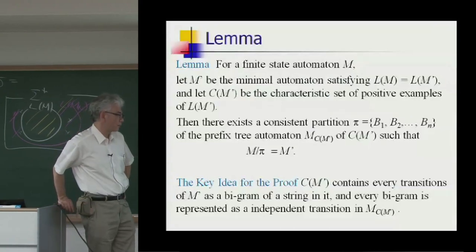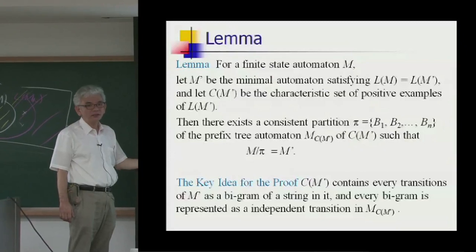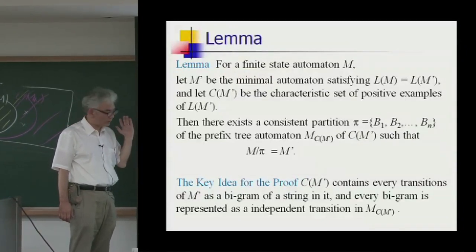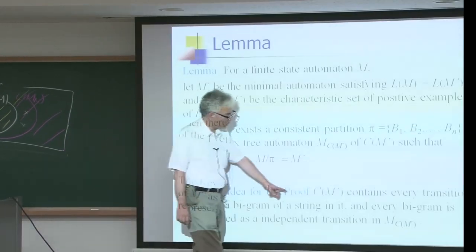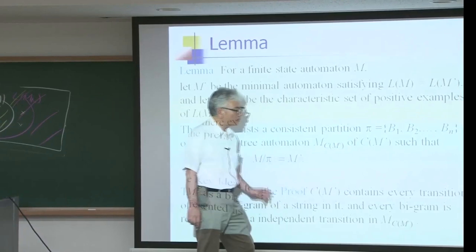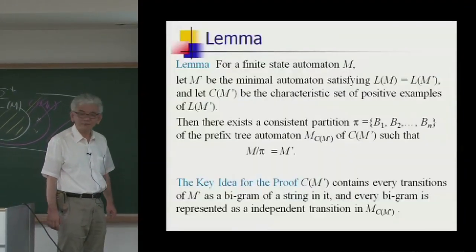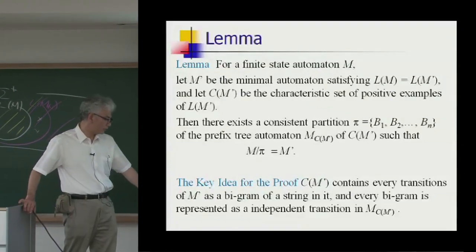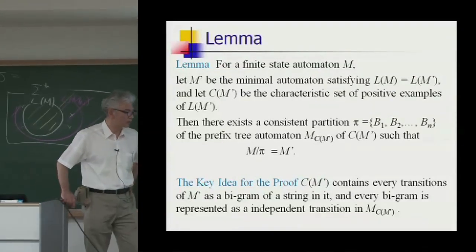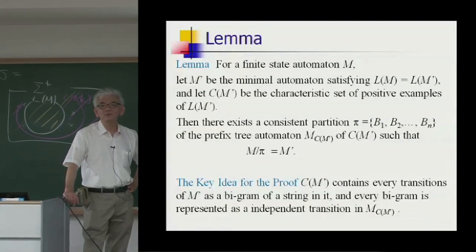Okay? And this lemma is just what I explained before. The key idea for the proof is that C(M') contains every transition of M as a bigram of strings in it, and every bigram is replaced as an independent transition in the prefix tree automaton of C(M). Okay?